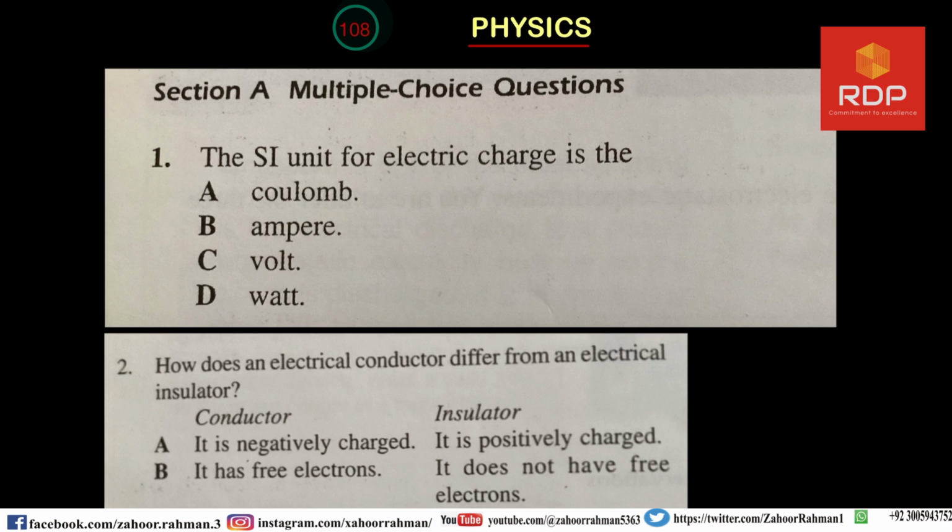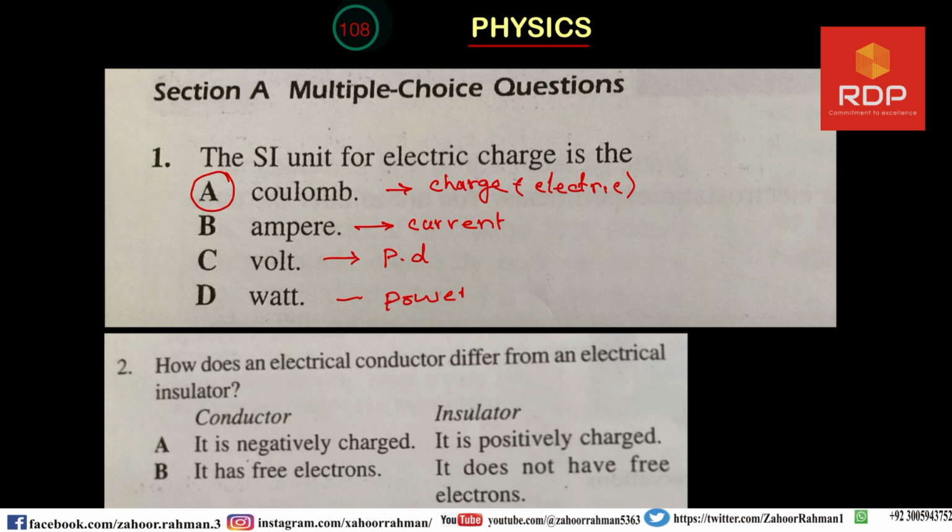Now watt is the SI unit of power, volt is the unit of potential difference, ampere is the unit of current, and coulomb is the unit of electric charge. So the first option in this regard is the correct one.